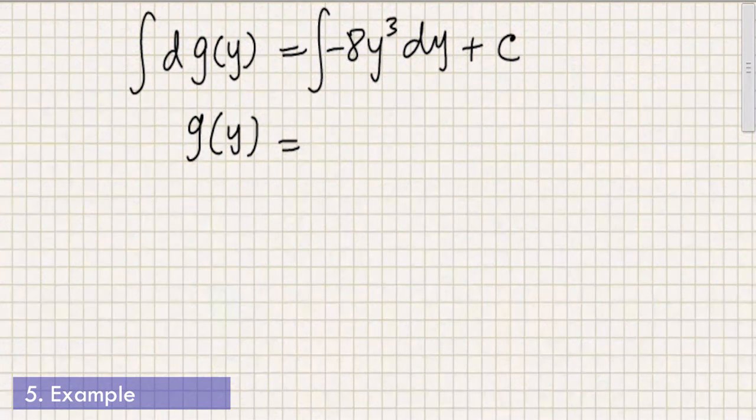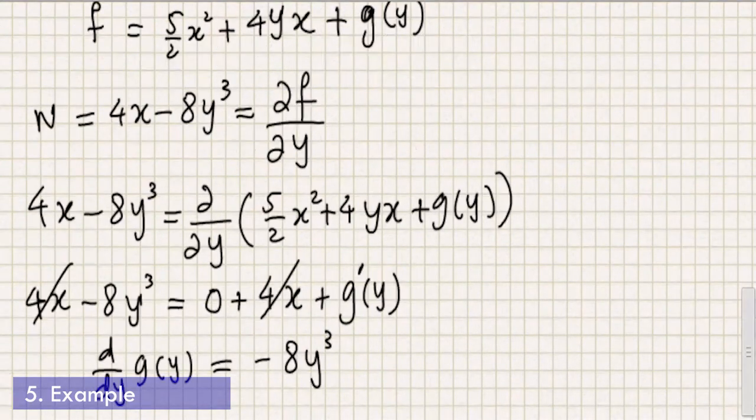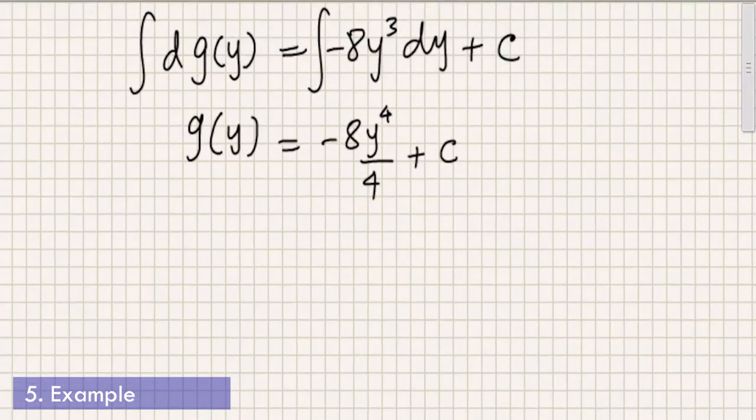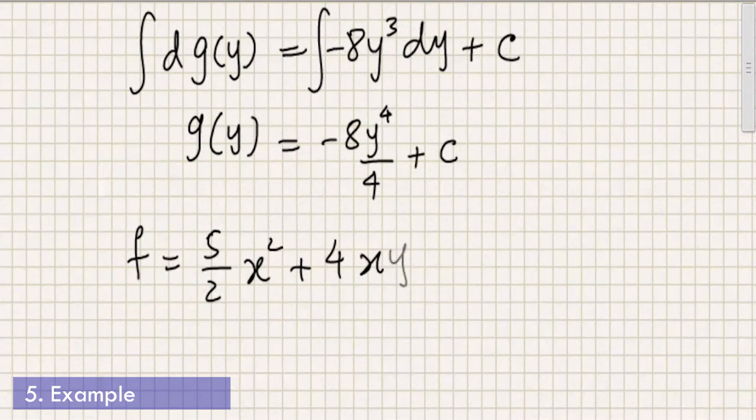So for the second term we get minus 8y to the power 4 divided by 4. This is the integral of y to the power 3. Okay, so we get a constant of integration here. So this is g of y. So now we substitute the value of g of y in the final value of f of x comma y that we got earlier. Let me copy that value over here. f is equal to 5 over 2 x squared plus 4xy plus g of y.